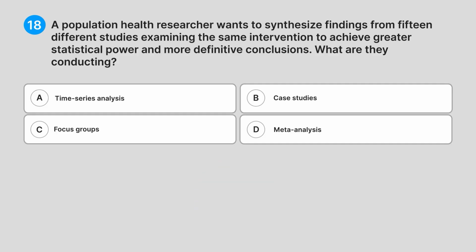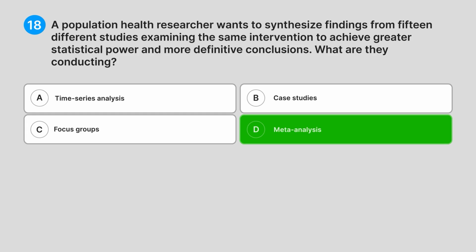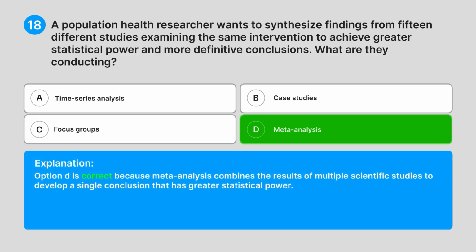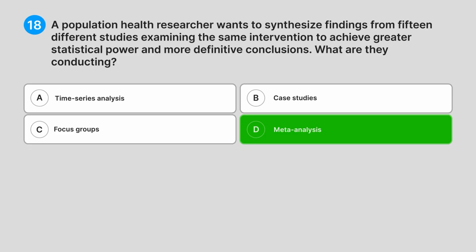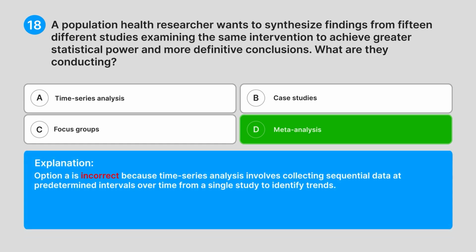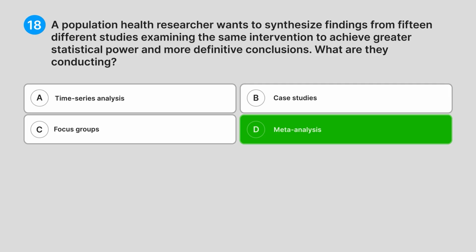Correct answer, D. Meta-analysis. Explanation. Option D is correct because meta-analysis combines the results of multiple scientific studies to develop a single conclusion that has greater statistical power. Option A is incorrect because time series analysis involves collecting sequential data at predetermined intervals over time from a single study to identify trends.